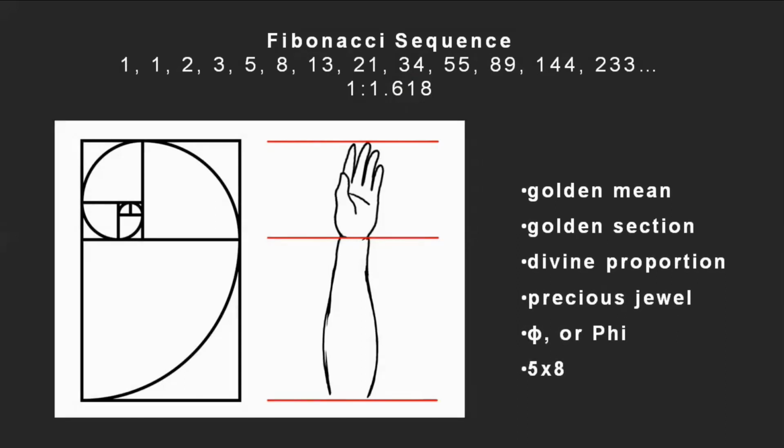You have to remember that this proportion is an average. So not everyone's arm is going to break down perfectly into a ratio of 1 to 1.618. But on average, this is how these things work in nature.